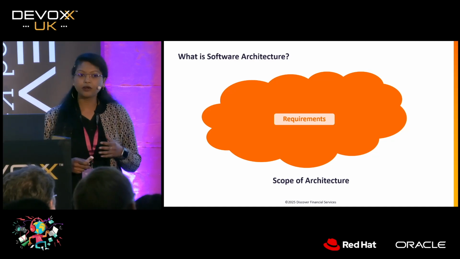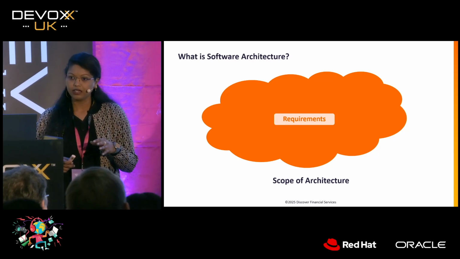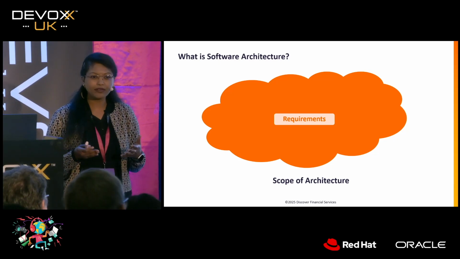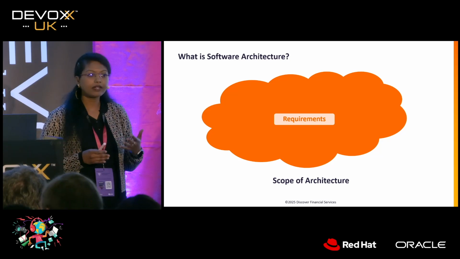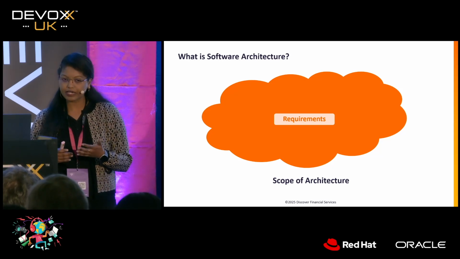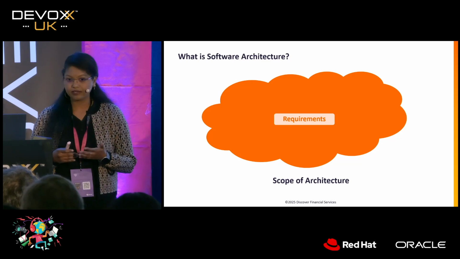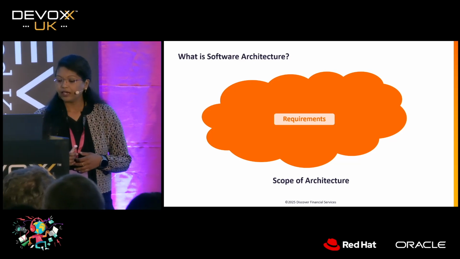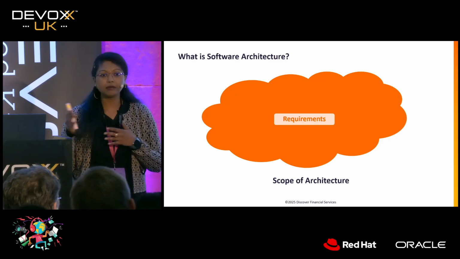However, if you see, the core of architecture starts with requirements, which is the basic motivation for building any system, right? So it's very important for an architect to collaborate with the business stakeholders from the initial phases. That's when the requirements would be discussed. However, requirements are not sufficient to build the system in a reliable manner.